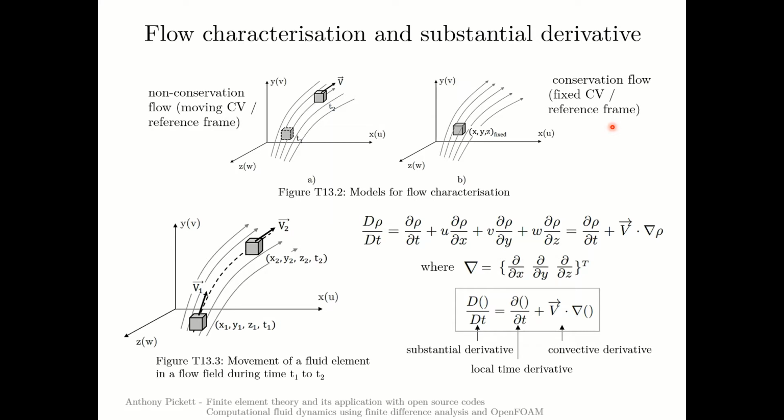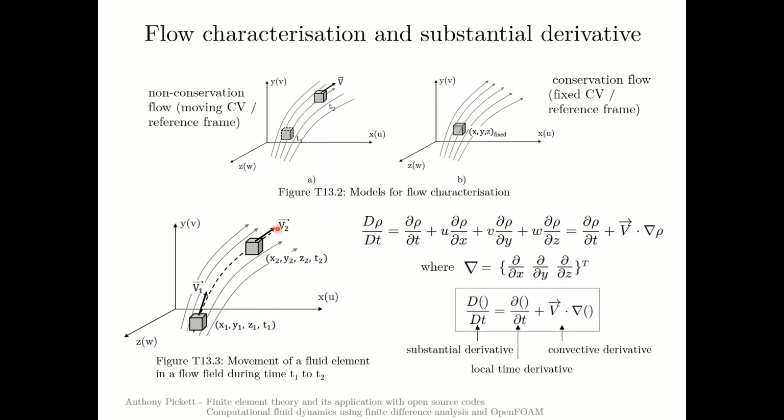If you have, for example, density in this control volume, at a position x1, y1, z1 at time t1, this control volume may move to a new position x2, y2, z2 at time t2. There's a velocity vector here representing the flow at this position, and another velocity vector here representing flow at this position. These velocity vectors would be u, v, and w in the x, y, and z directions.